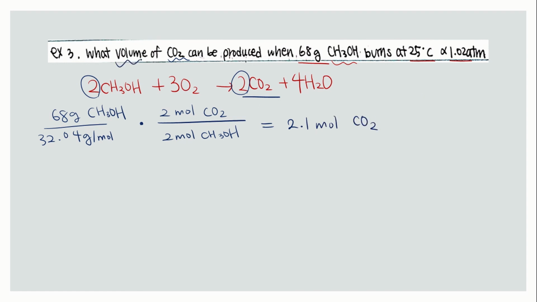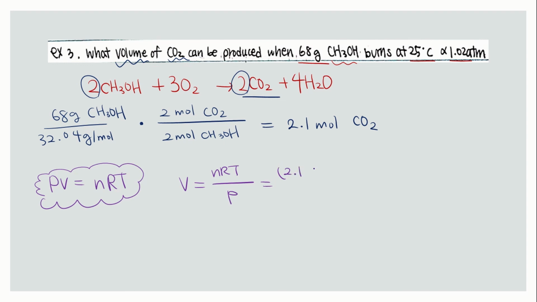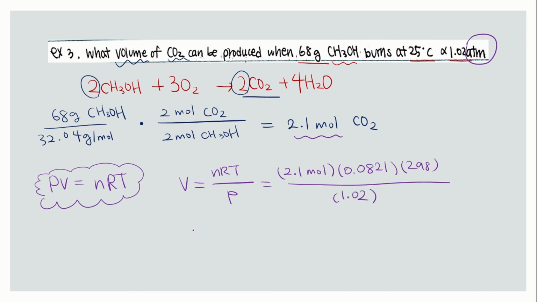It is asking for the volume, so you are using the ideal gas law. So PV equals nRT. Then for volume, it equals nRT over P, which is 2.1 moles, which you got in here, times, you have the unit of atm for R, so you are using 0.0821, and then 298 for temperature, over 1.02.